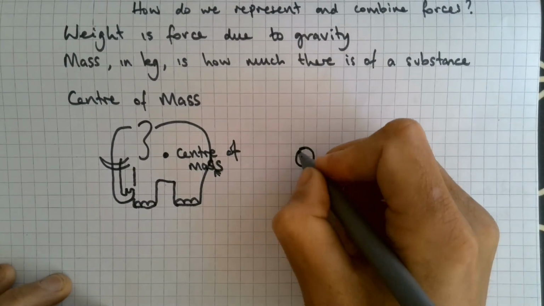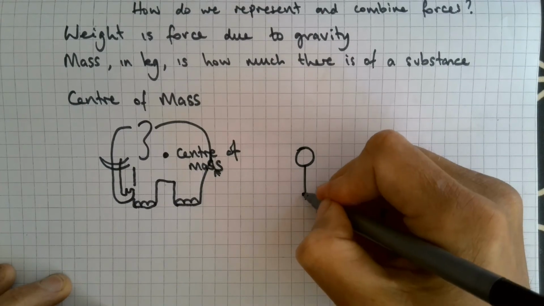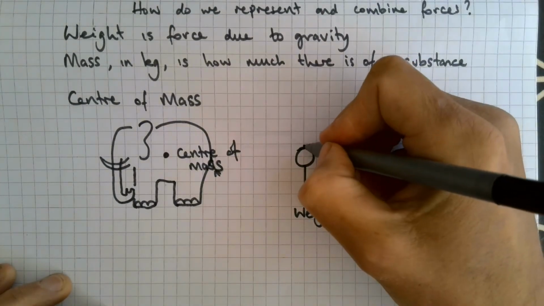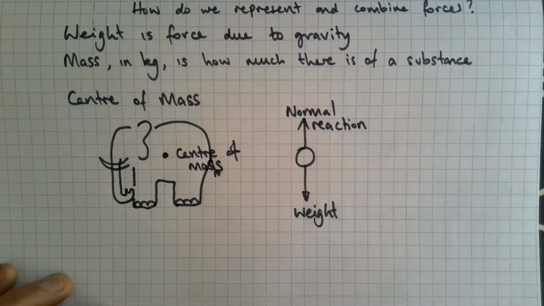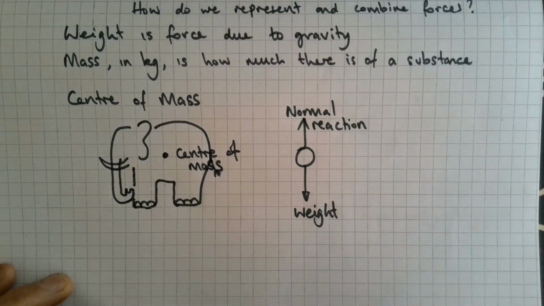So if I take that centre of mass as a dot, I can then consider any weight. I could consider the ground pushing up, or any other forces that I wanted to put on the object. It just simplifies things.